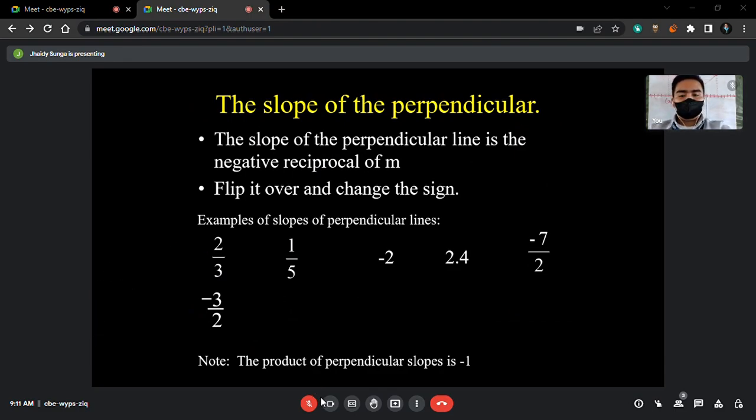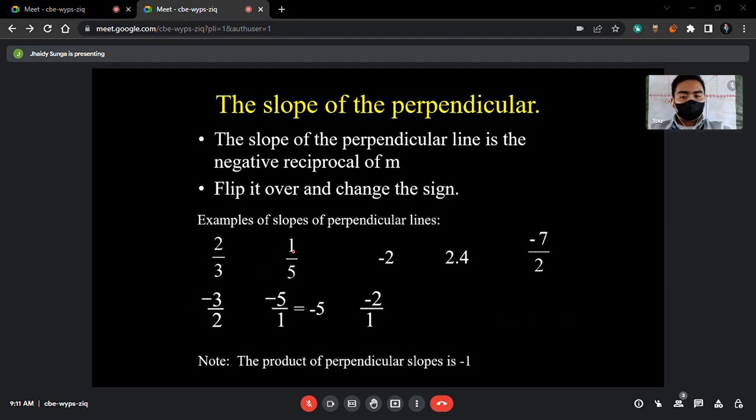How about 1/5? If you flip it, we will have -5 over 1, or simply -5. Now, if we have -2, we flip that one to 1/2.